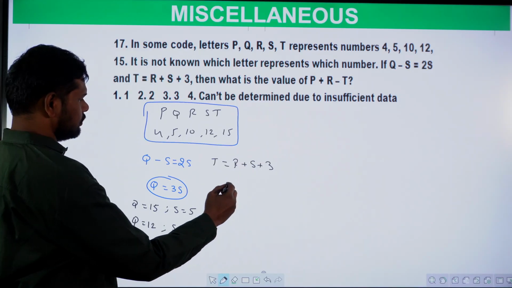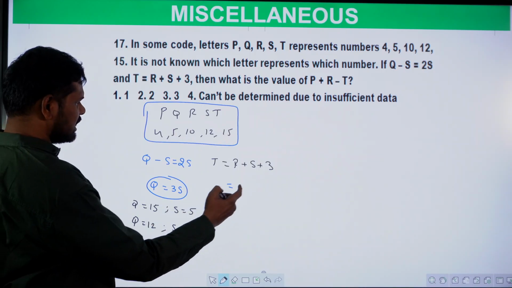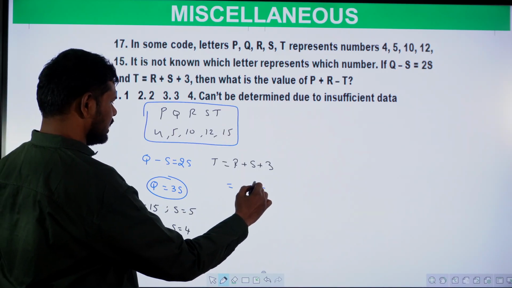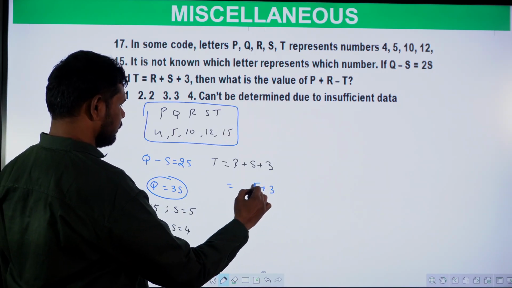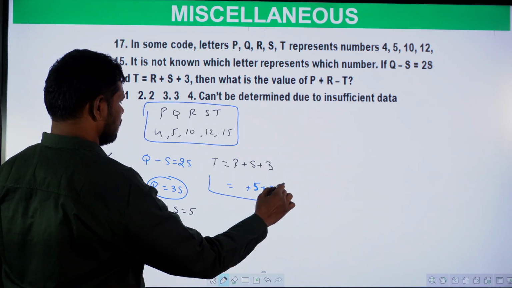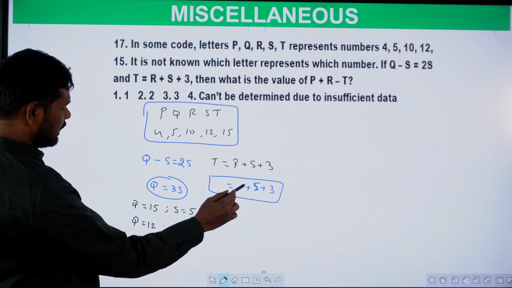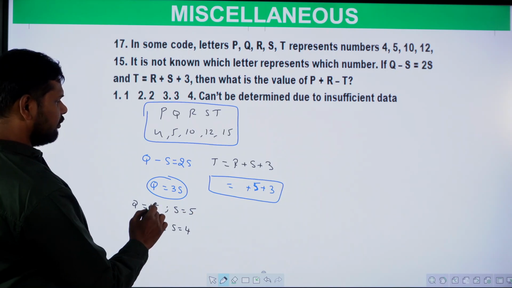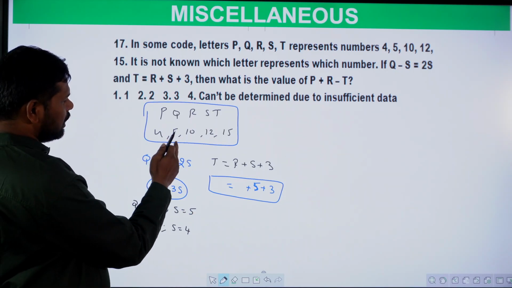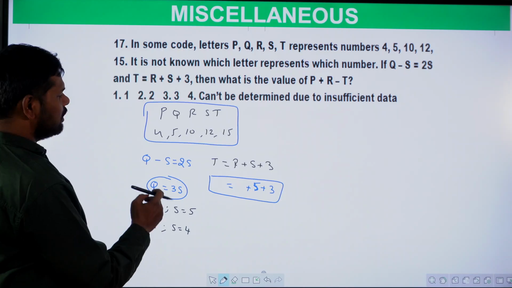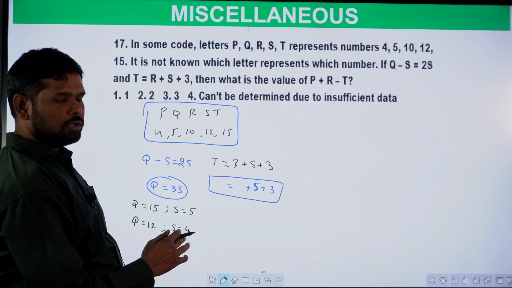Suppose first the S value is 5, so 5 plus 3 plus R. Already 5 is used for S and Q's value 15 is already used. So the remaining values are 4, 10, 12. In those you need to find the numbers.